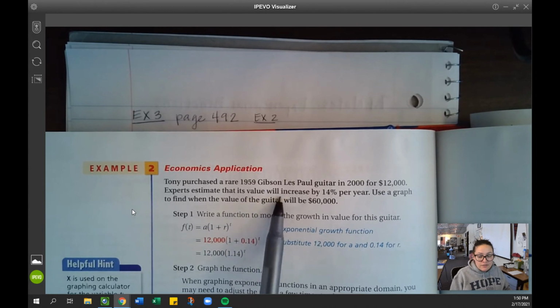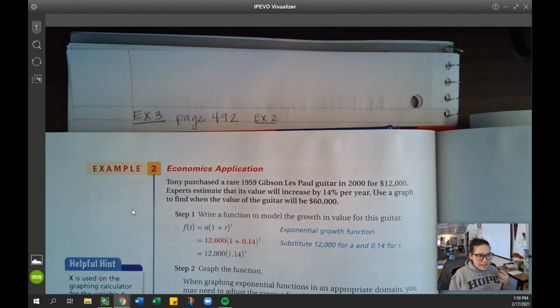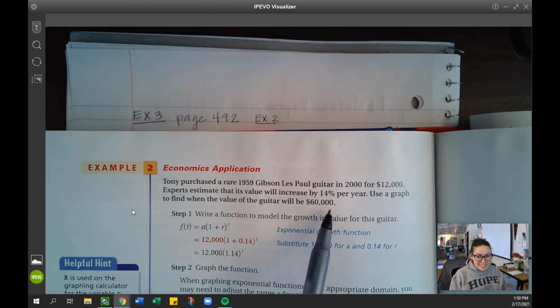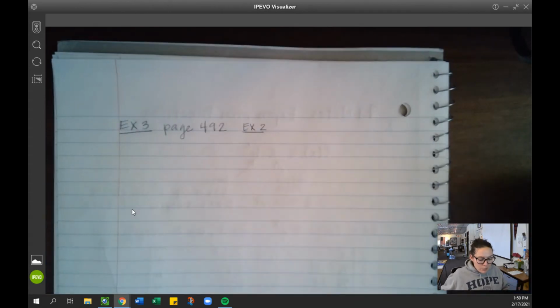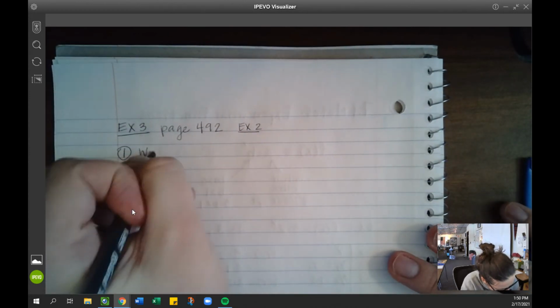Experts estimate that its value will increase by 14% per year. So it's a really rare, expensive guitar, and every year it's increasing in value. Use a graph to find when the value of the guitar will be $60,000.